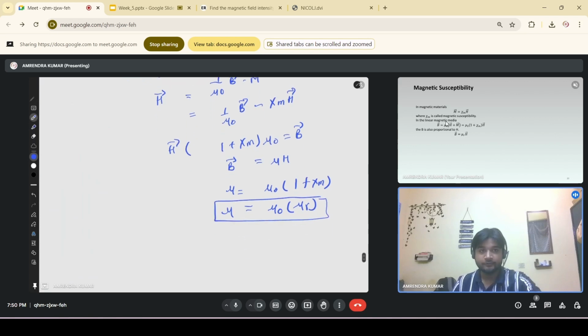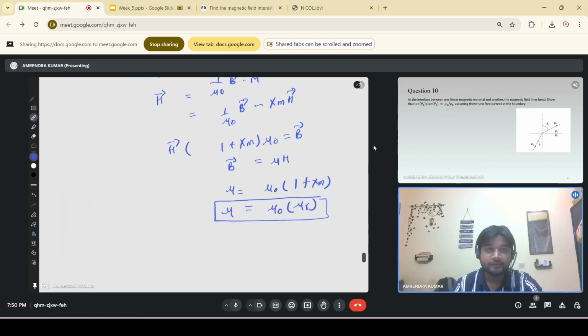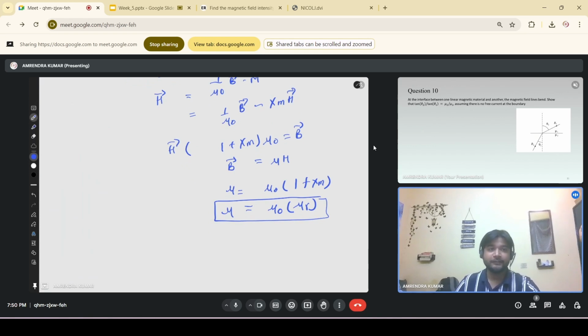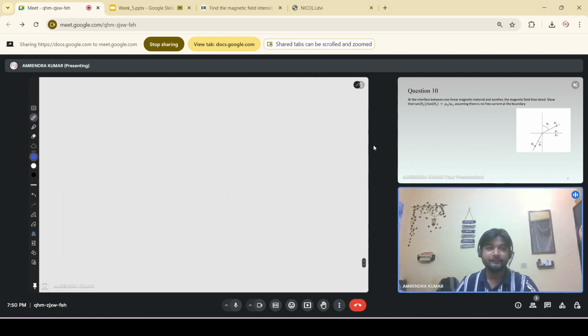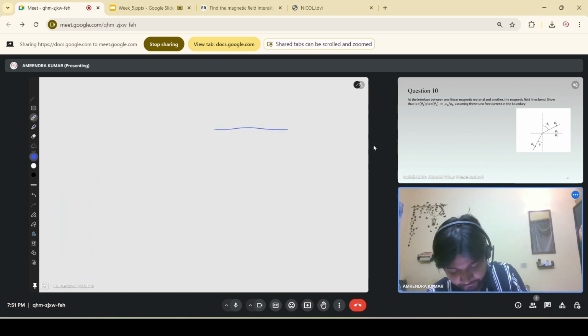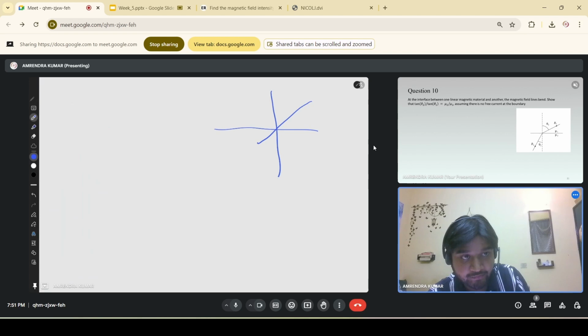Okay, so now what is next? At the interface between two linear magnetic materials, the field lines bend so that tan theta 2 over tan theta 1 is equal to mu 2 over mu 1. We have some setup like this, and the lines get bent here.